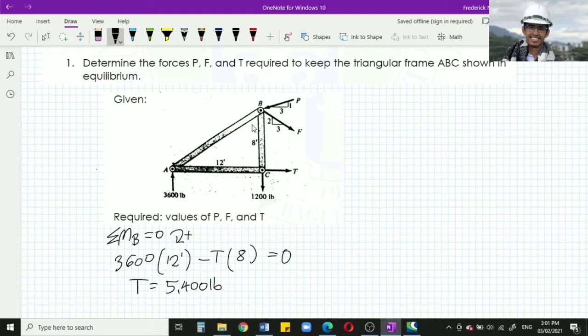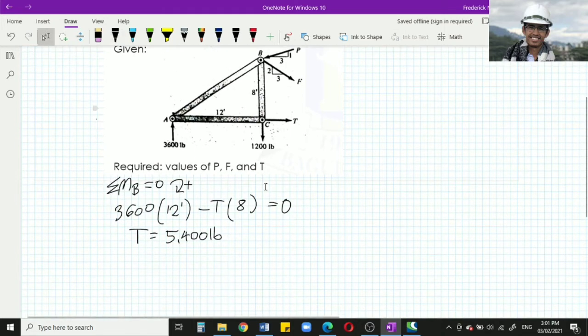Okay? Mahirapan tayong mag-solve doon. So, kapag dito naman sa A tayo nag-moment, so, same din, magmo-moment yung ating force F and magmo-moment din yung ating force P. Okay? So, dalawang unknown ulit. Pwede naman natin gawin yon, pero mas matatagalan yung ating pag-solve dito.